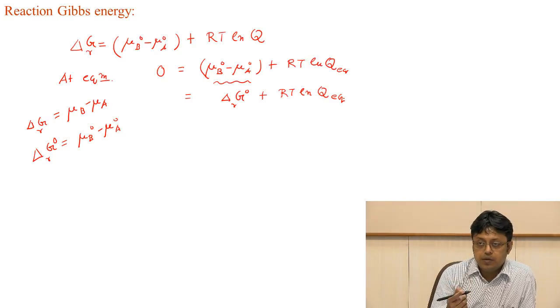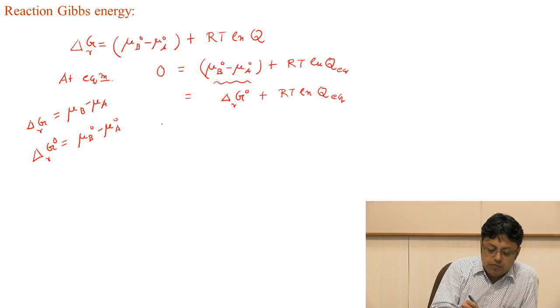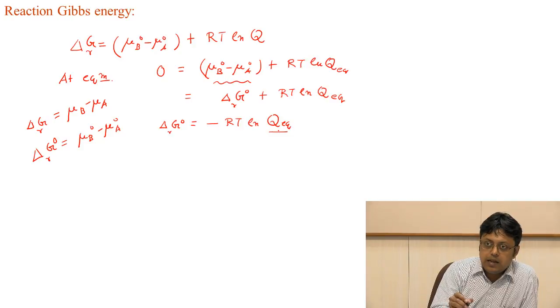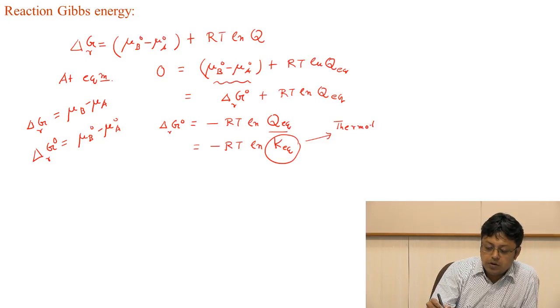It won't be the same Q as in the general case. So what we found is that delta Rg0 is nothing but minus RT ln of the reaction quotient at equilibrium, but instead of writing it as Q equilibrium, we write it as K equilibrium, where K is known as the thermodynamic equilibrium constant.